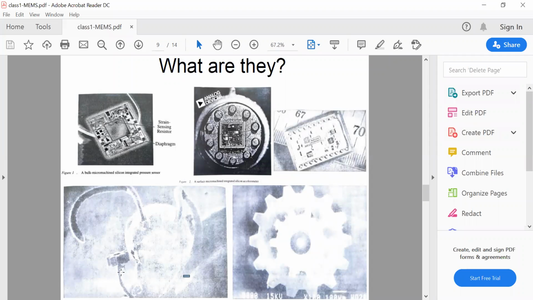It is so small that it can fit on an ant's leg. And that is a micro gear which can be held by an ant's leg. So small it is, and that's why it is called MEMS.